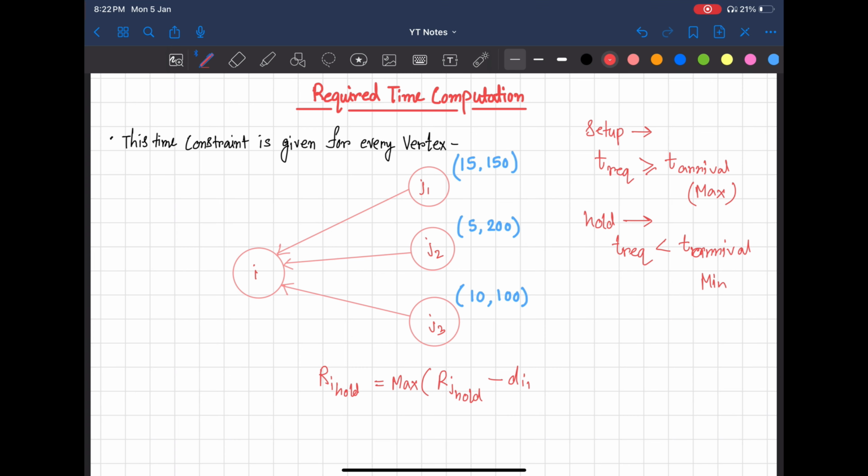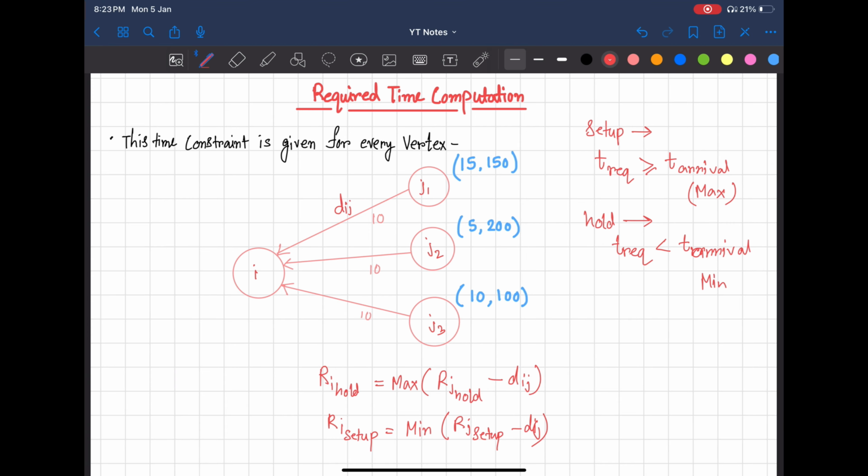This is the Dij, and if I take it as 10 for everything, you can calculate simply. And Ri setup should be the minimum of Rj setup minus Dij.